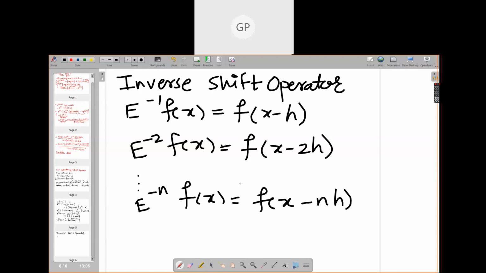So have you understood both the operators, shift operator and inverse shift operator? Now, there must be some significance, right? Why are we studying these operators? There are certain problems where terms are missing in the data.